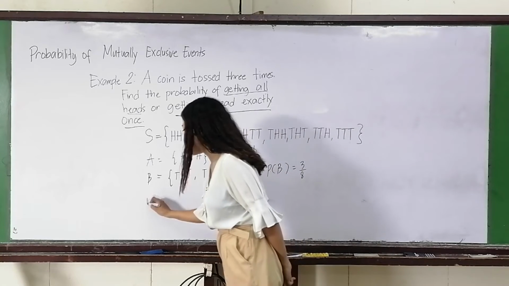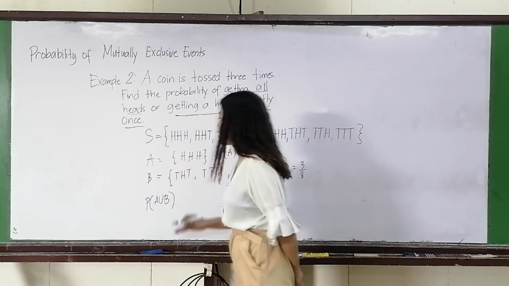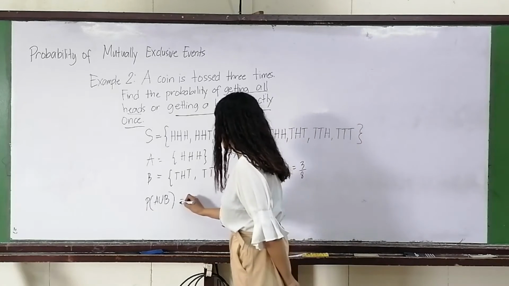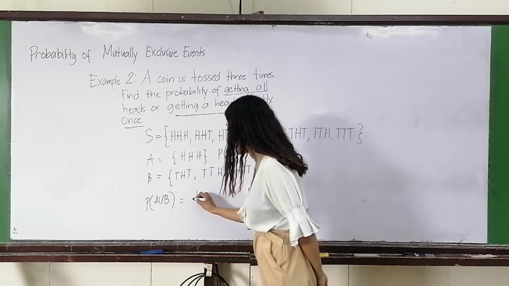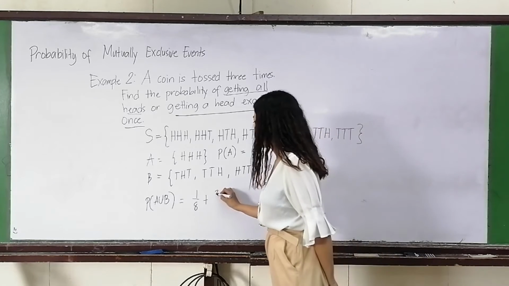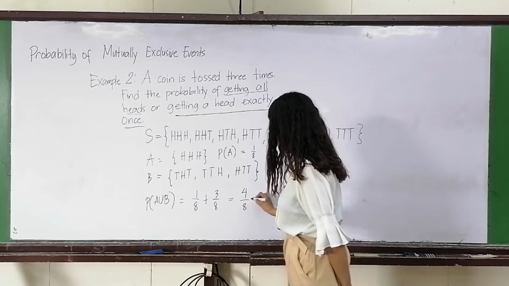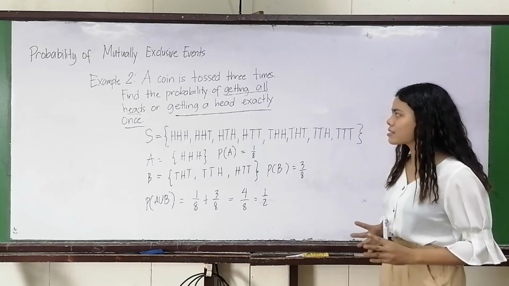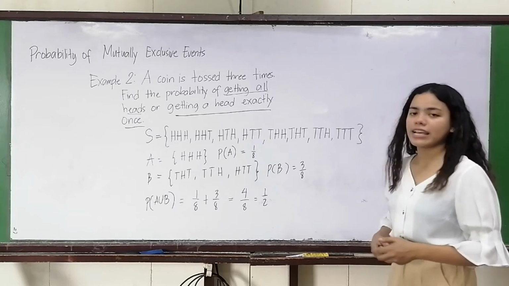So the probability of A union B, or the probability of A or B, is equal to the probability of A, which is 1/8, and the probability of B, which is 3 over 8. So that is 4 over 8 equal to 1/2. So the probability of getting all heads or getting a head exactly once when you toss a coin 3 times is 1/2.